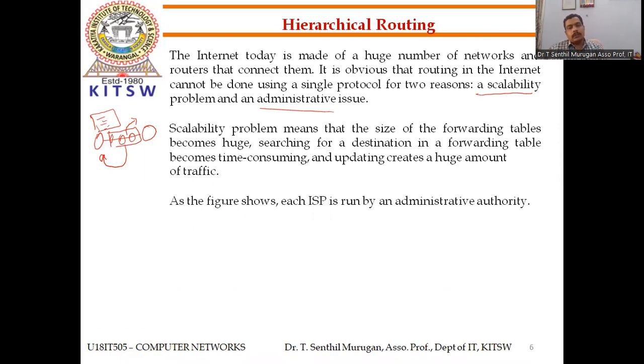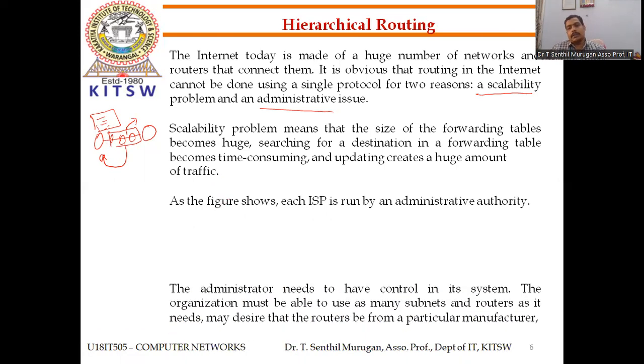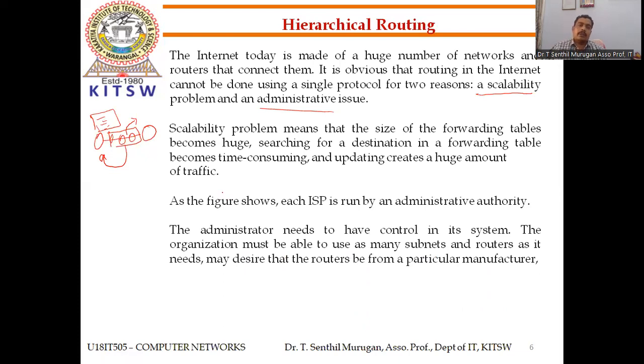As the figure shows, each ISP is run by an administrative authority. We already know from the figure that some authority will be there, like the backbone, the provider, and the customer services. They need to have control in their system.